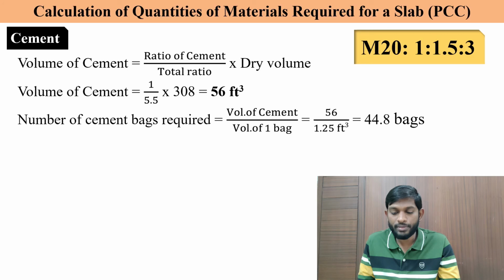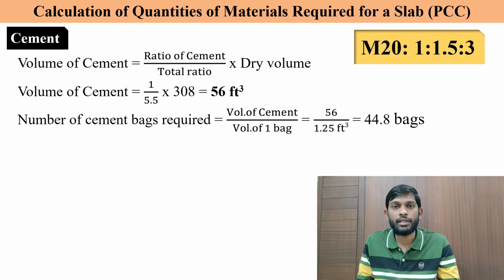The volume of cement is obtained as 56 cubic feet and volume of one cement bag is 1.25 cubic feet. So by calculating the value, we are going to get 44.8 bags. So approximately 45 bags of cement are required for the considered dimensions of the slab.